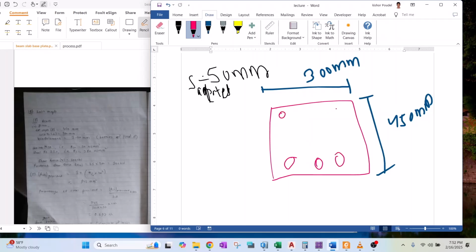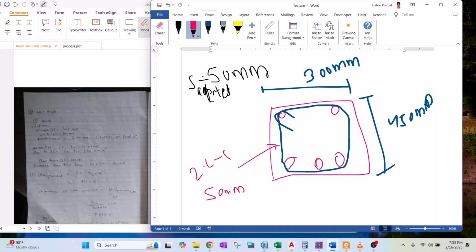Assume that the top reinforcement is only 2, so the stirrups go like this. We should provide the spacing of these bars as 50 mm. So you should write it in this way: 2 leg 10 mm bar at the rate of 50 mm center to center.